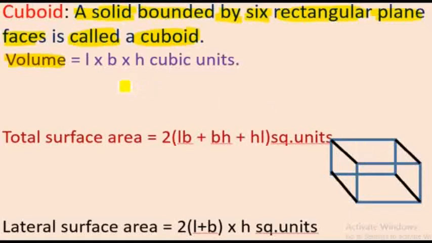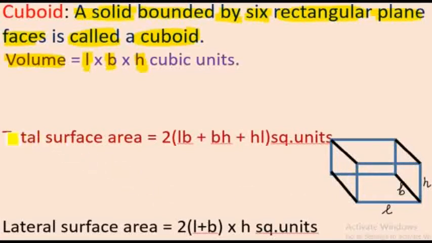To find that, the formula is length into breadth into height, L, this B and this H. If we multiply length into breadth into height, we get the volume of this cuboid.